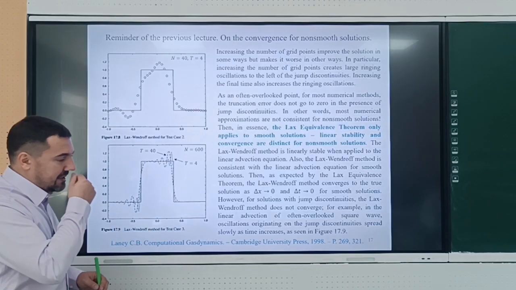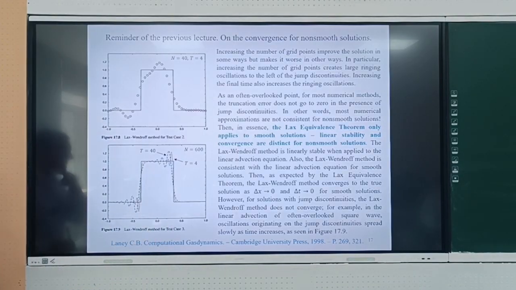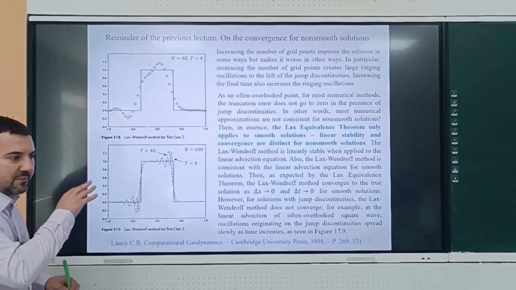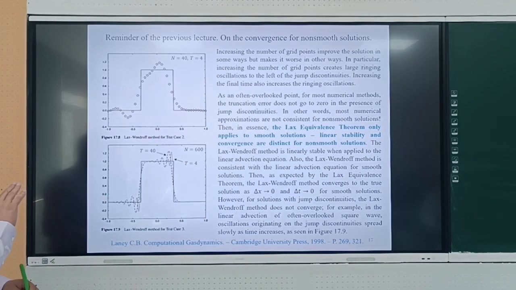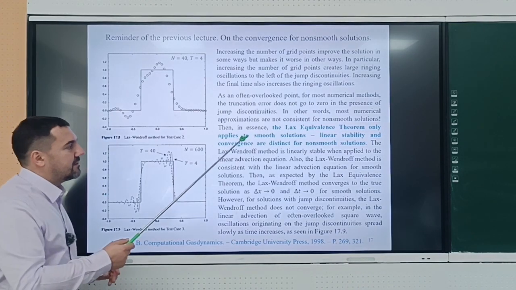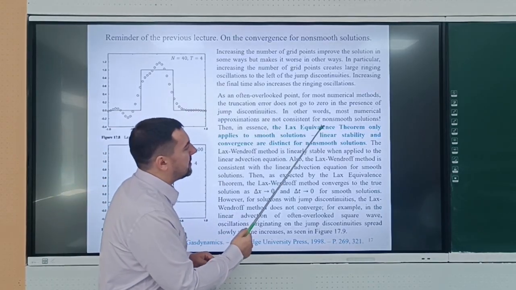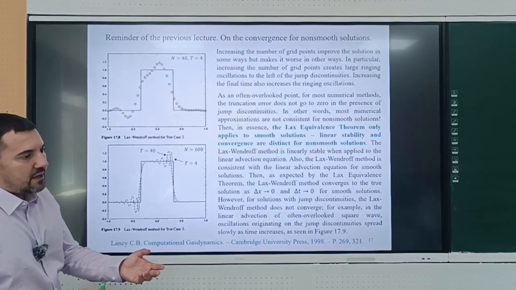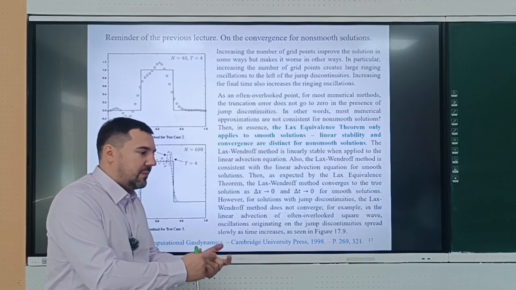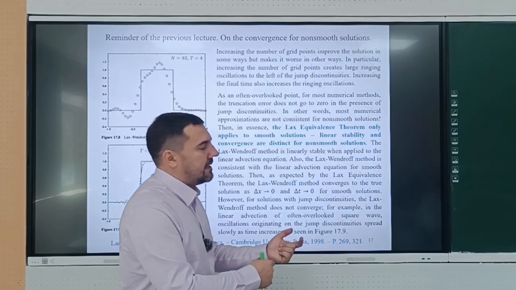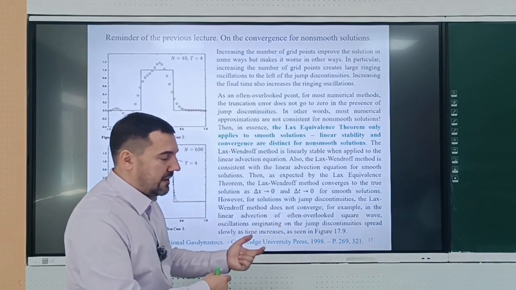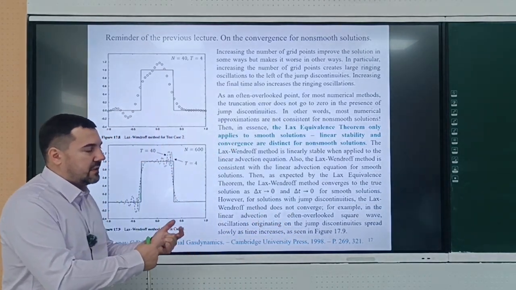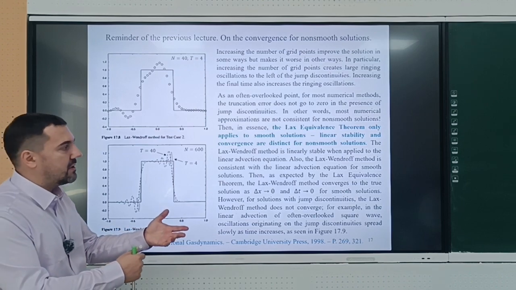The problem: this is the slide from our previous lecture, and it is a very meaningful slide. Once again, we discussed that for linear problems we have the Lax equivalence theorem. For linear schemes, we have convergence, consistency, and stability, and in the linear case, convergence is equivalent to stability for a consistent numerical scheme.